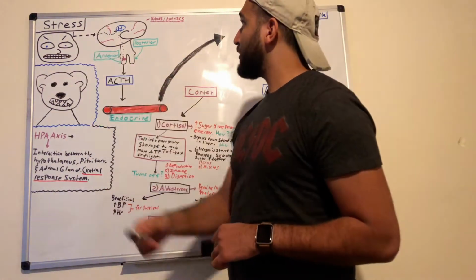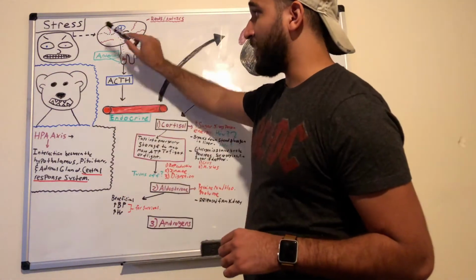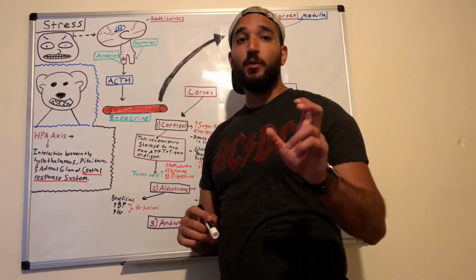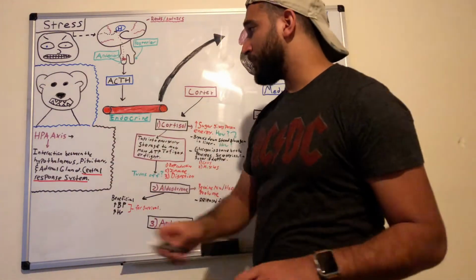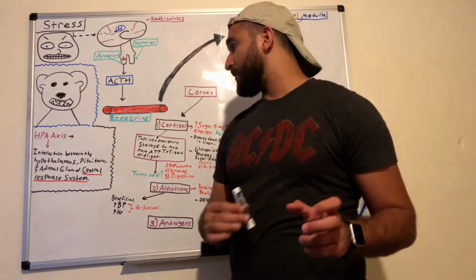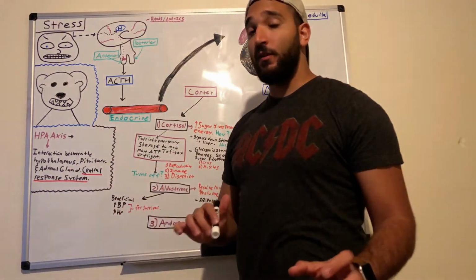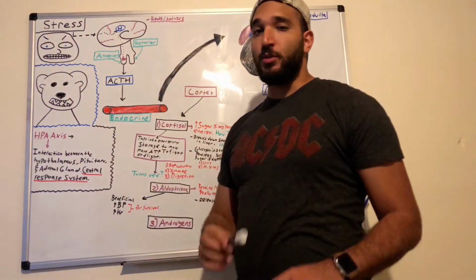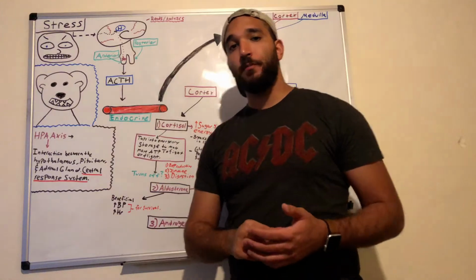So stress is read and analyzed by the hypothalamus. Before we get there, let's talk about the HPA axis. The HPA axis is the central response system that is involved with the interaction between the hypothalamus, the pituitary gland, and the adrenal gland.